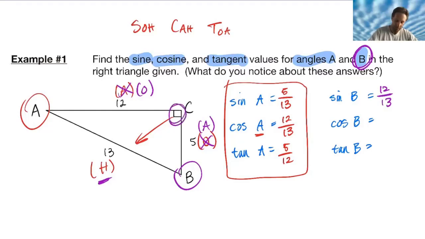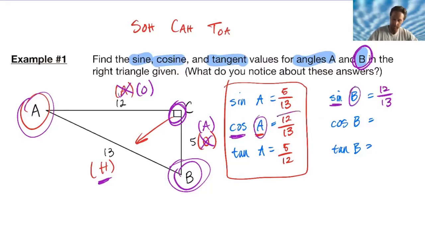Because this is a right angle, I know that angle A and angle B together are complements, complementary, adding up to the other 90. And since we just found the cosine of A, then we know the complement to that, which is sine of B, would be that same ratio. And since we have the sine of A, we can do the cosine of B as being the same, 5 over 13.